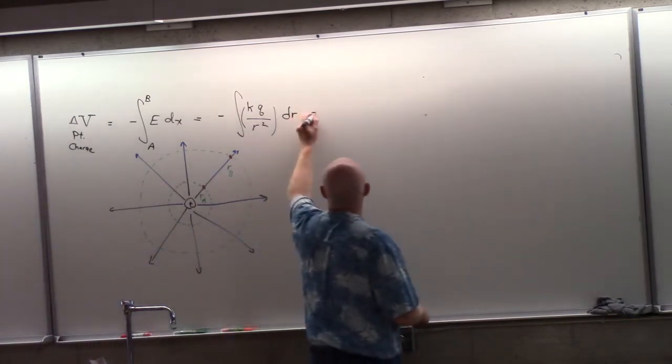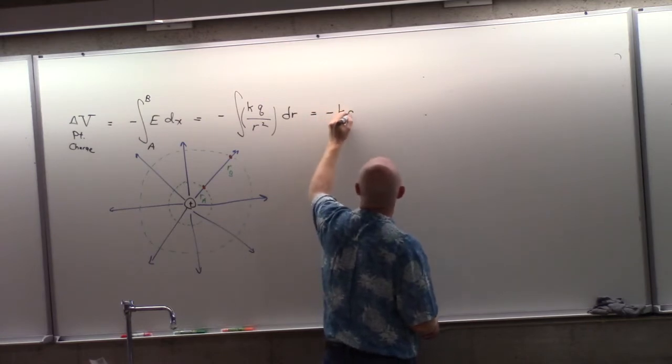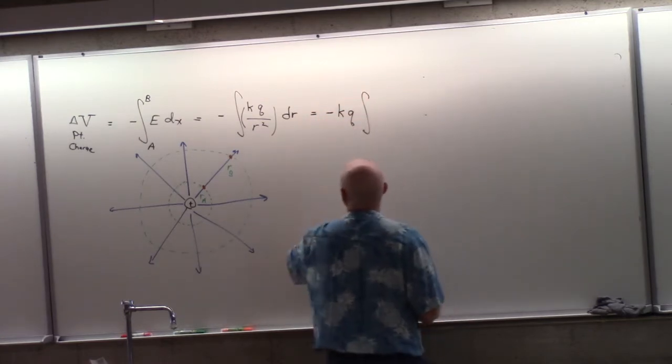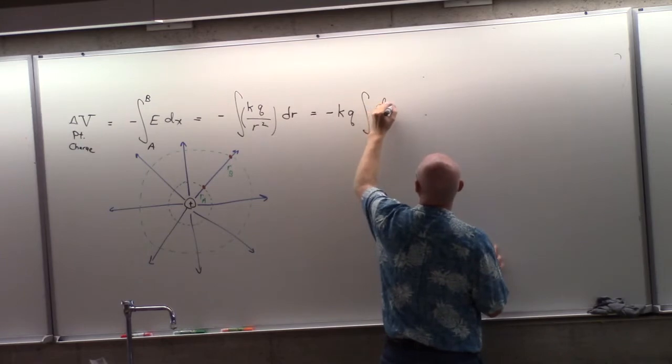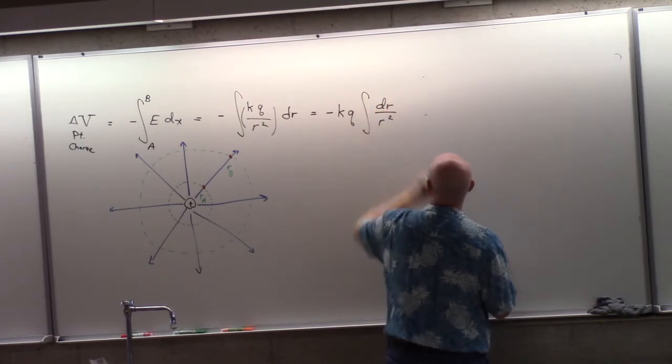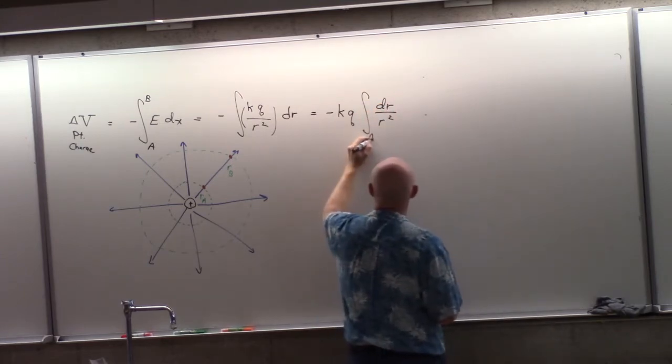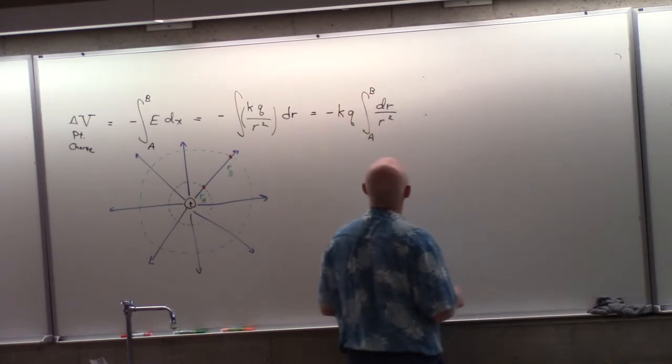I could pull out Coulomb's constant and the charge and then have an integral of dr over r squared, again from some a to some b.